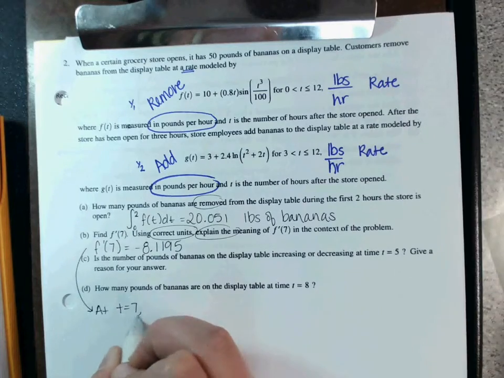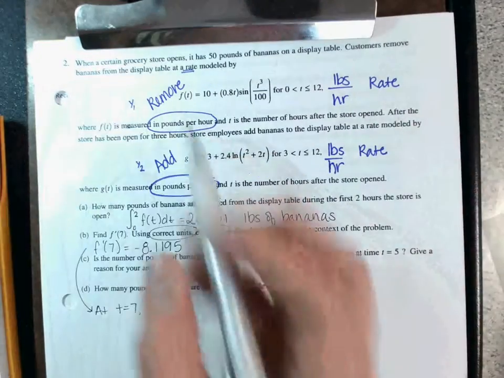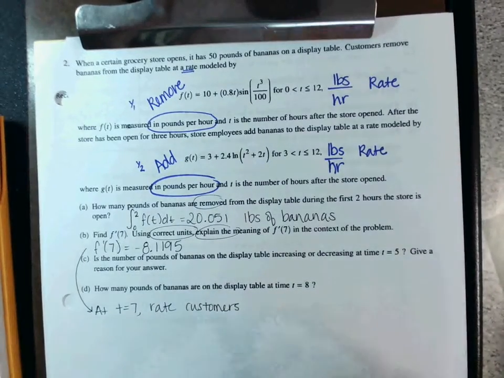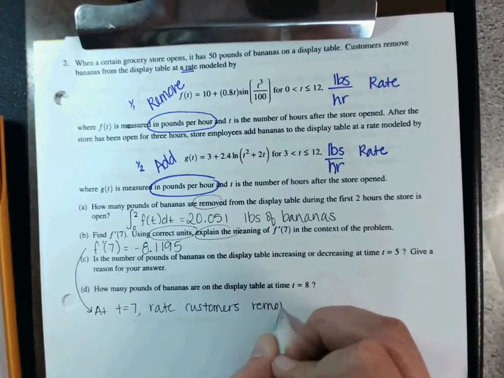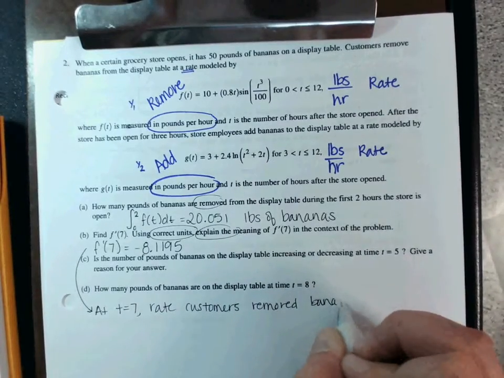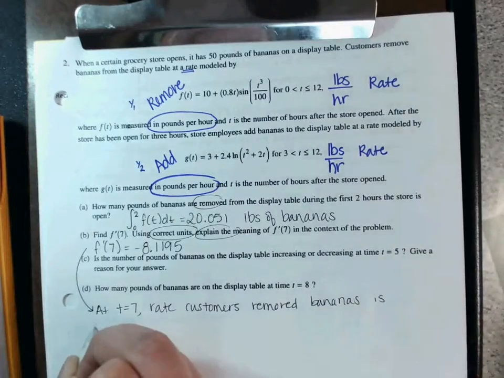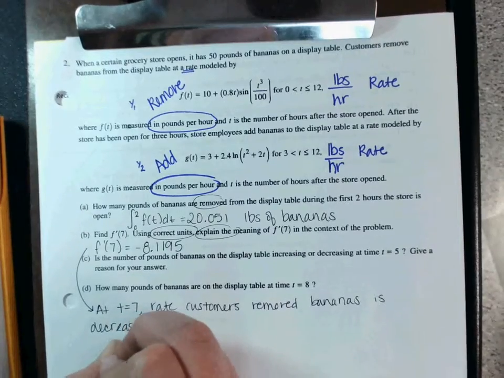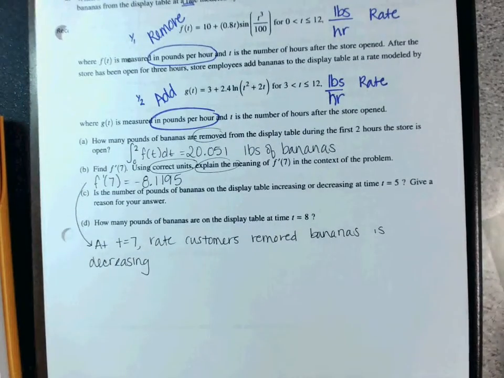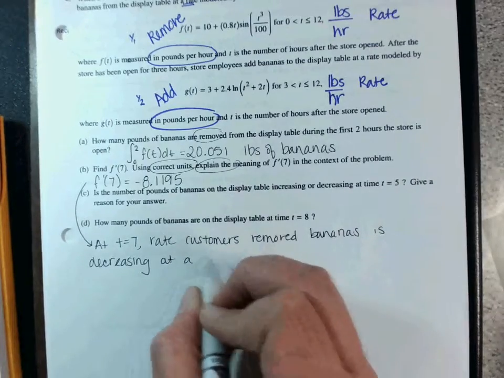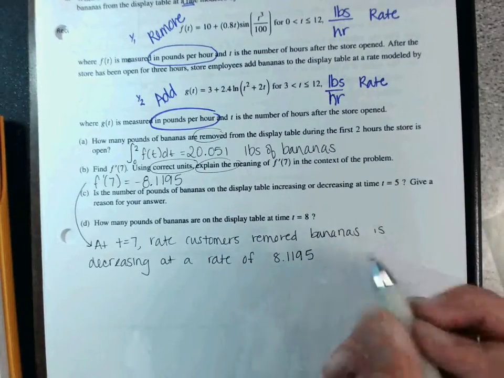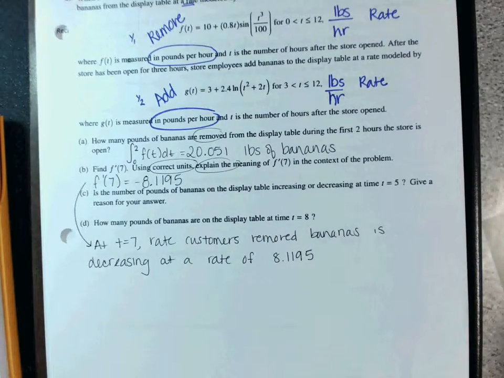So at time 7, we're going to say the rate customers removed bananas is increasing or decreasing? Is decreasing. Actually, don't abbreviate that on the real AP test, so we won't be lazy. Is decreasing at a rate of what? 8.1195. Now, think about units. I already had pounds per hour. What are my units for my second derivative?